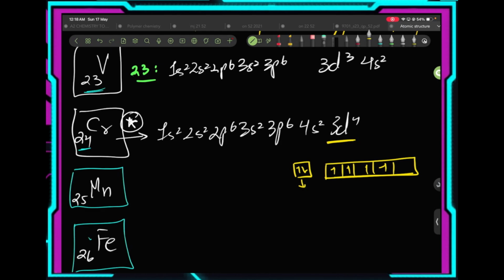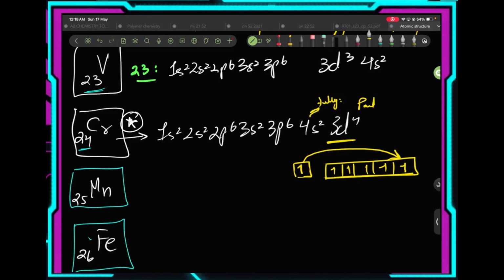So stability for 3d would increase, and would the stability of 4s decrease if we remove one electron? Yeah, it also stays half filled. So what we'll do is we'll excite one electron from the 4s orbital into the 3d orbital. Now 3d was initially partially filled and 4s was fully filled. The next arrangement that we have decided is that both are half filled.